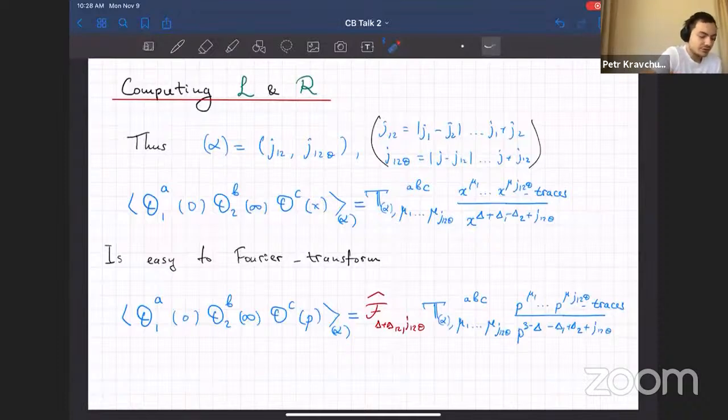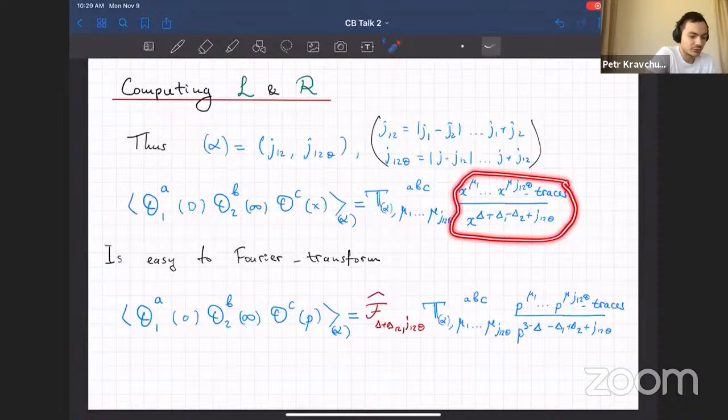And the advantage of this construction is that these expressions are very easy to apply Fourier transform to, because when you Fourier transform in X, since T is just a bunch of numbers which is X independent, we can factor it out. And what we need is to take the Fourier transform of this expression.